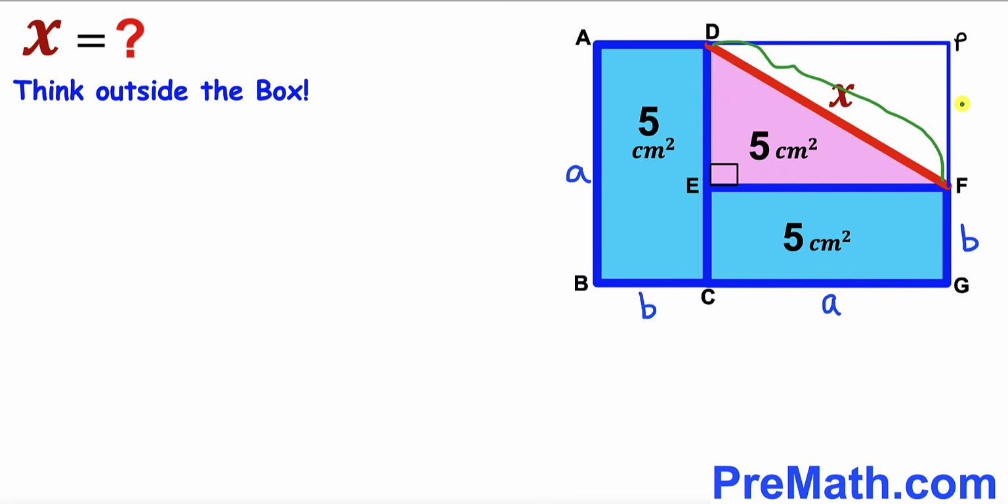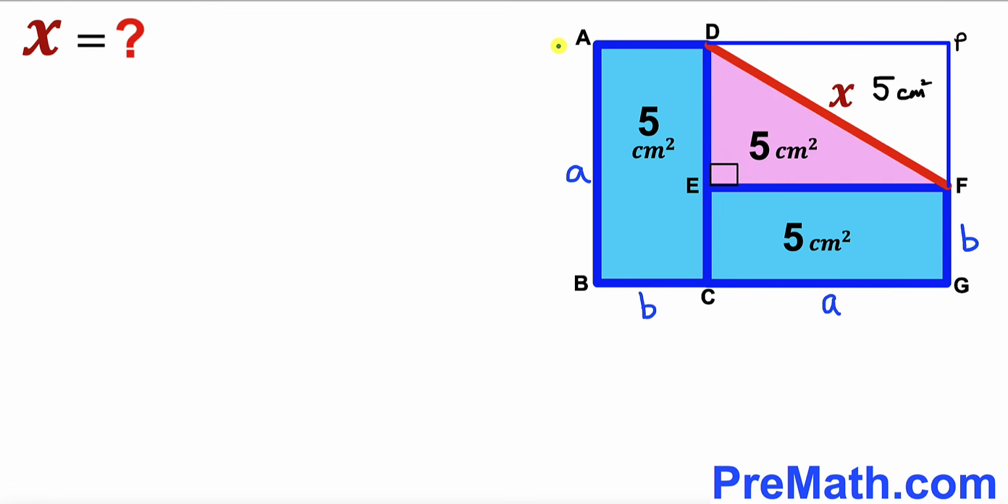We know the area of this triangle is 5 centimeters square. Therefore, the area of this half of the rectangle is going to be 5 centimeters square as well. Now let's make an observation. We can see this side AB length equals this side GP length.